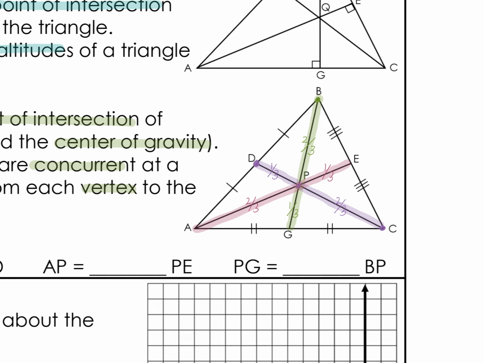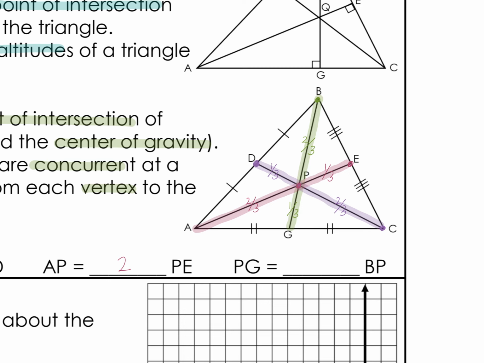So here, we're trying to figure out how I could find the length from A to P if I know the length from P to E. Well, how do I go from 1/3 to 2/3? I'm just going to multiply it by 2. So AP is just 2 times the length of PE.